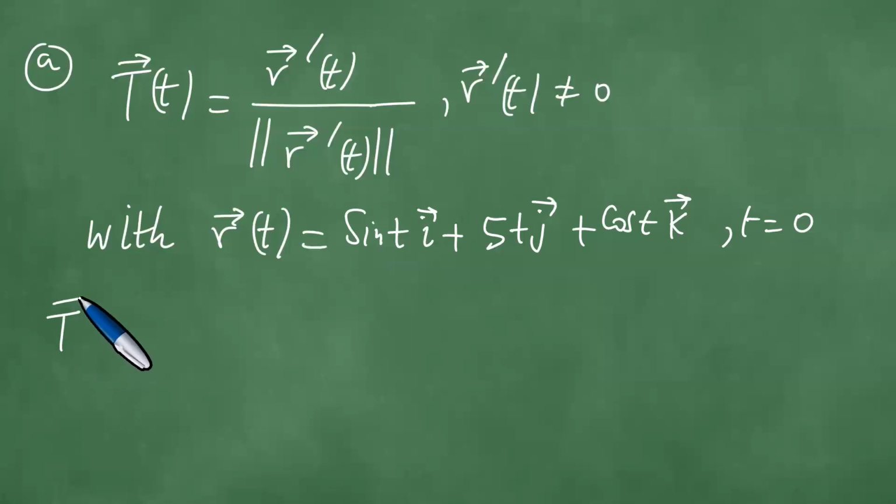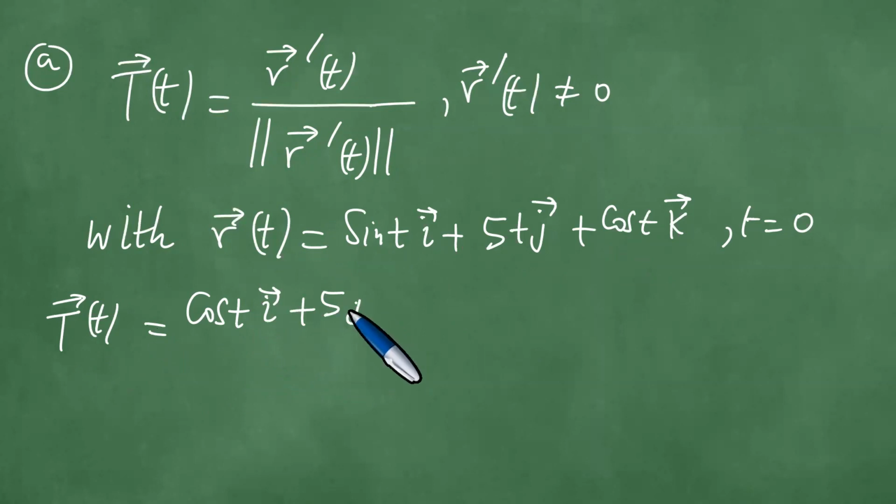And then it means therefore the vector T, the unit tangent vector, is the derivative of this. What is the derivative of this? The derivative of the sine is cosine t i plus 5j minus the sine of t k.